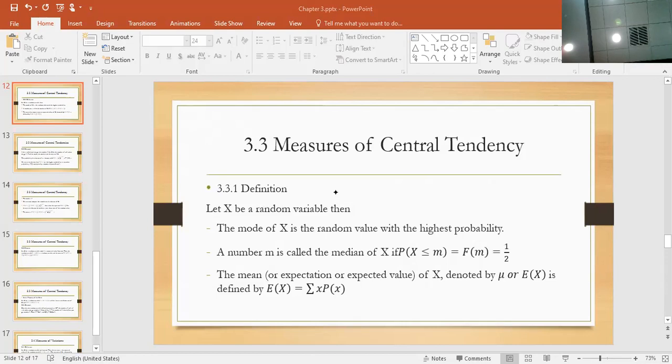So we were discussing last time about the cumulative distribution for the random variable that we had.